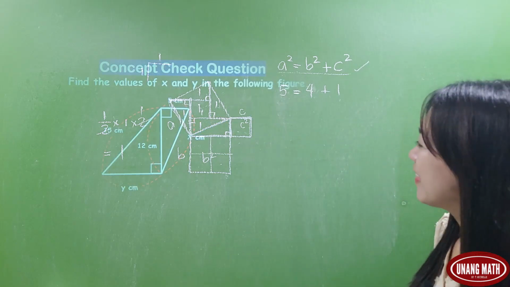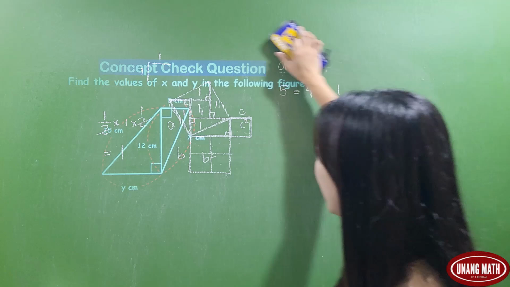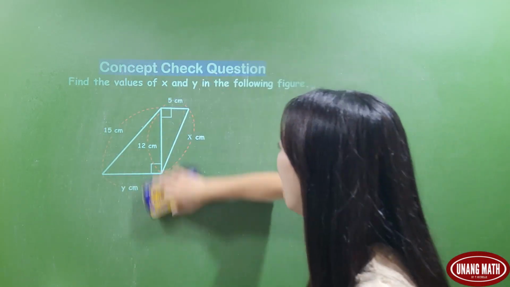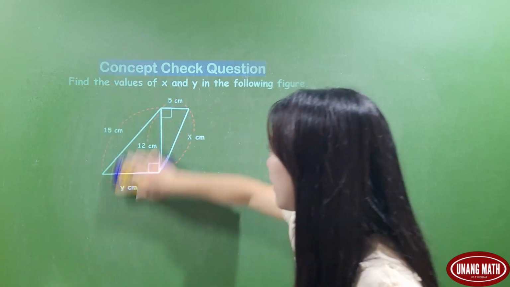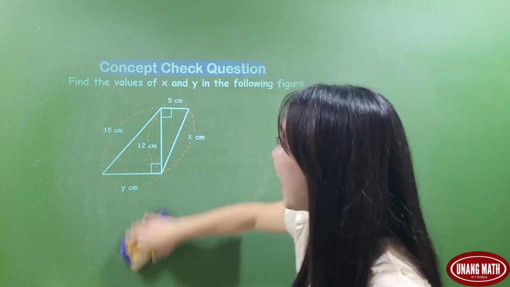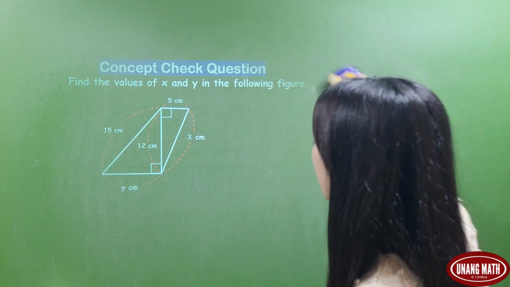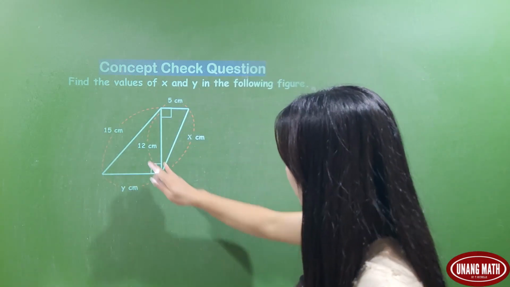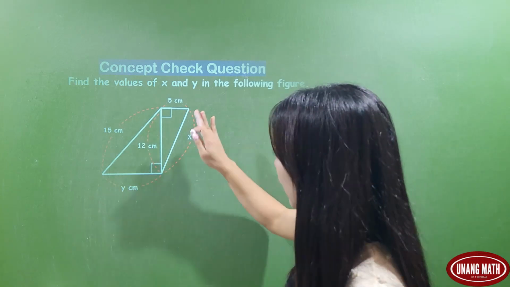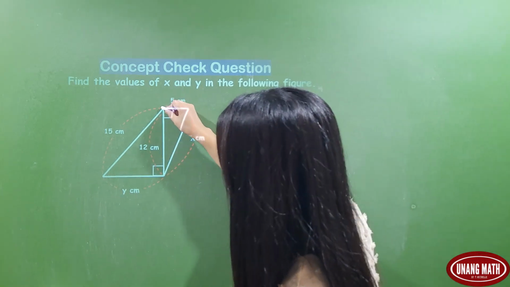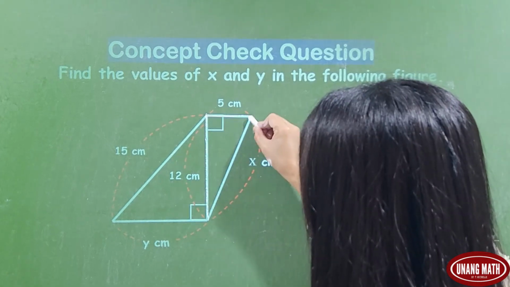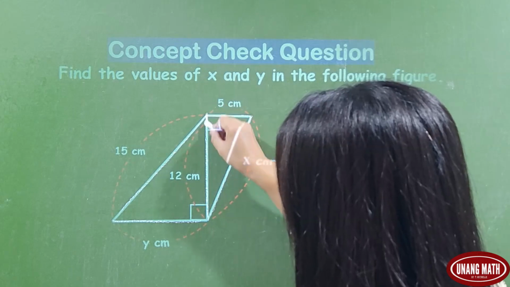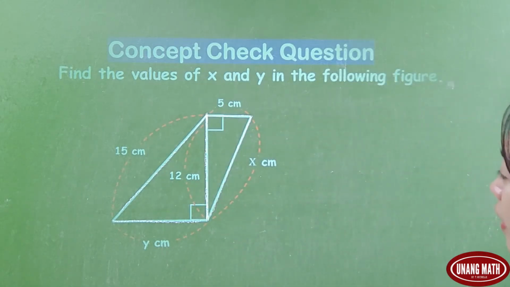Okay, this time we will be answering this concept check question. According to this, we will find the values of x and y in the following figure. So we can find here two right triangles. This is one right triangle. We also have another right triangle here.